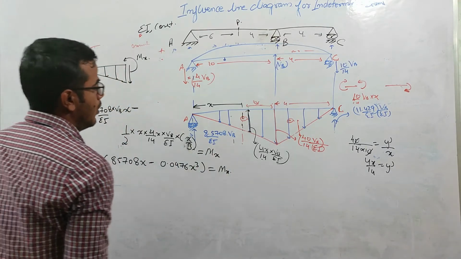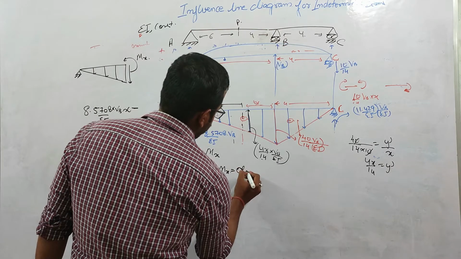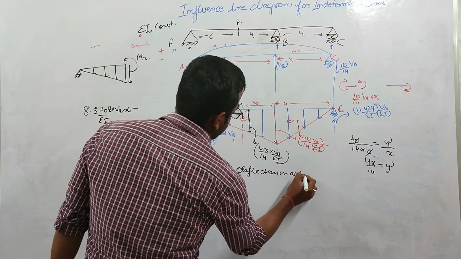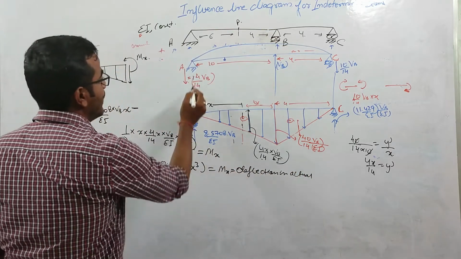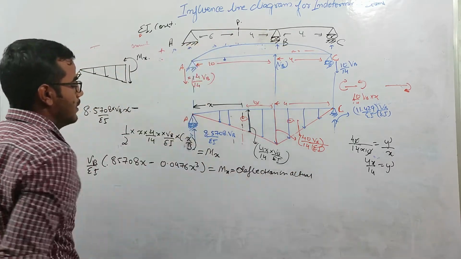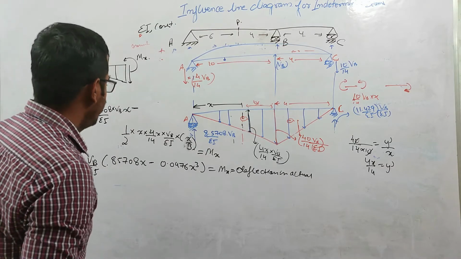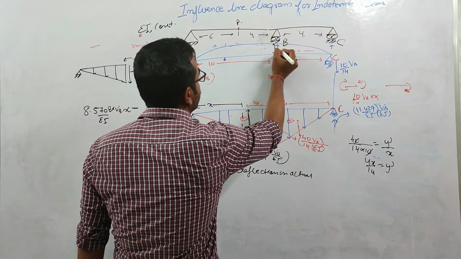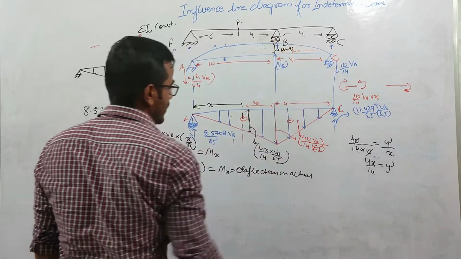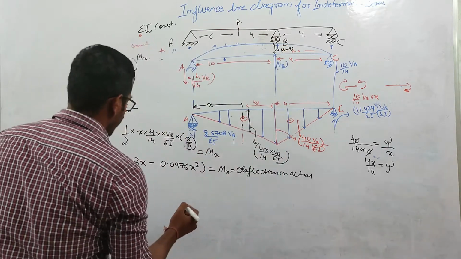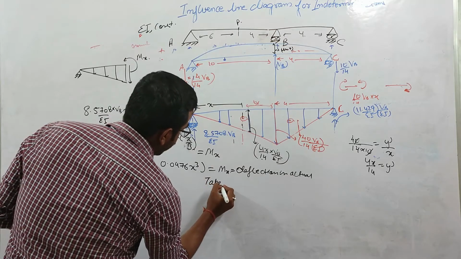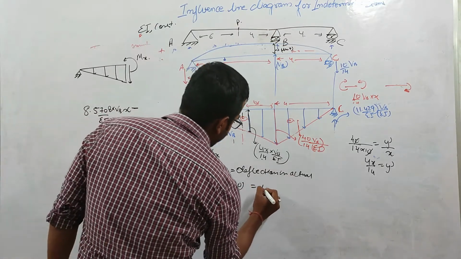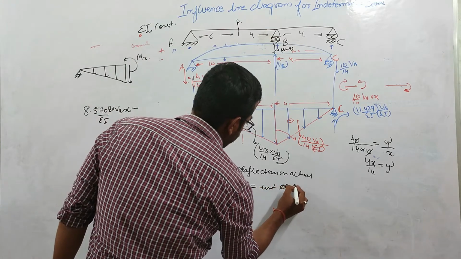Or you can say that this is the deflection in the actual beam. By actual beam I mean this beam, not that beam. We are using the condition that the deflection is basically a unit deflection. If I take a distance x equal to 10, this deflection is basically a unit deflection.